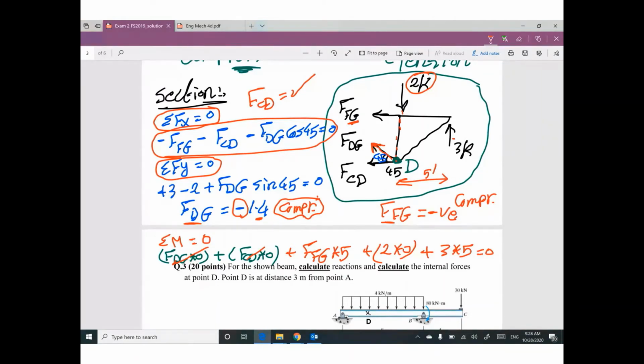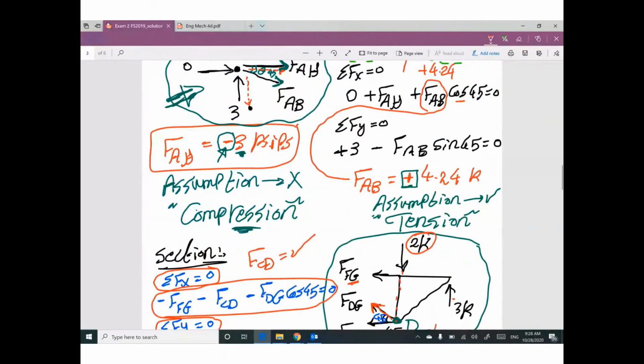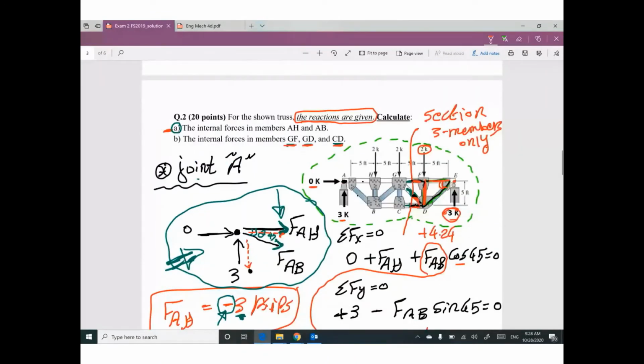So the second problem in this exam, I'm looking for the internal forces in truss members. The first part in this problem, I'm looking for only 2 members, like your exam on Friday, believe me. So I'm going to do joint equilibrium, only one joint for these 2 members.